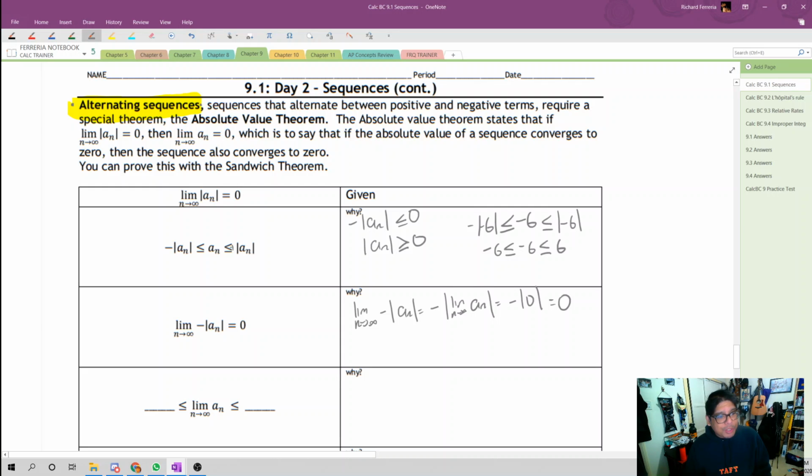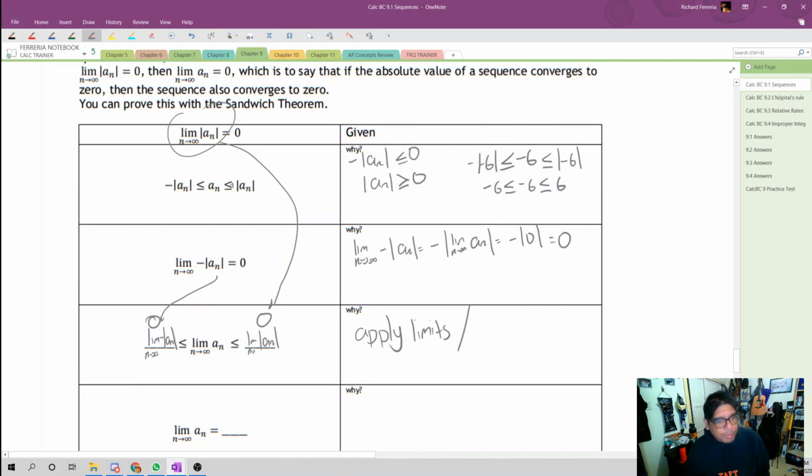So we're going to substitute now, and we know this left side is 0. And we are given that the right side is 0 as well. So we're going to put those limits here, and then we're going to apply what those limits are. The limit of the left side is less than or equal to the limit of the middle, which is less than or equal to the limit of the right side.